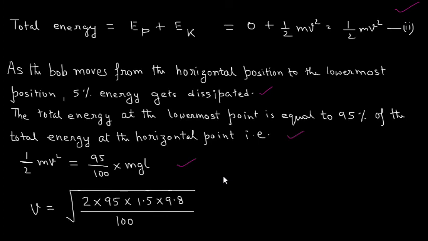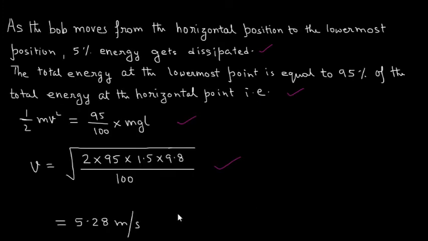That is, v is equal to under root of 2 multiplied by 95 multiplied by 1.5 multiplied by 9.8 upon 100. Upon solving, we get the value as 5.28 meter per second. Let us see the next problem.